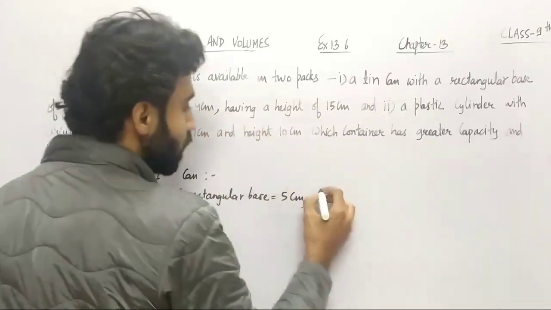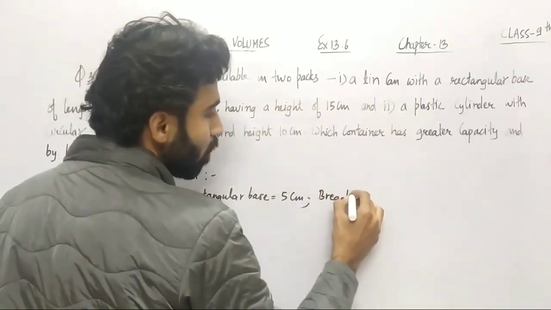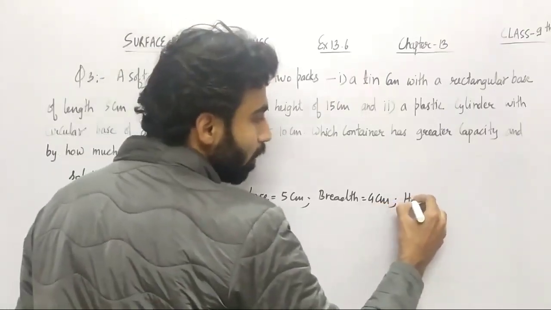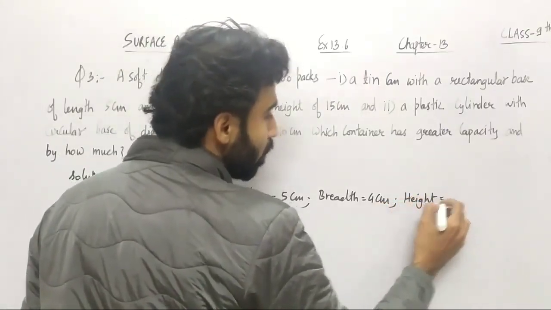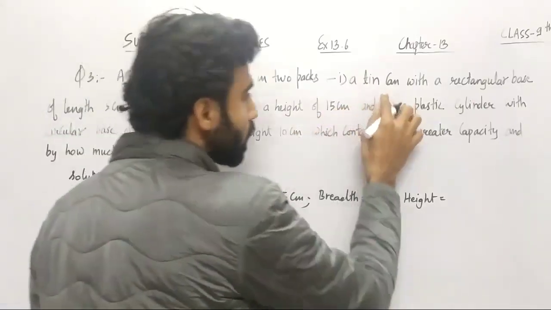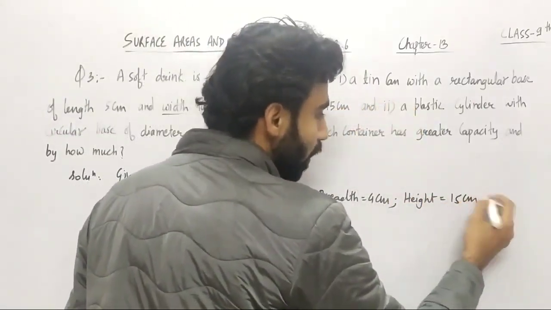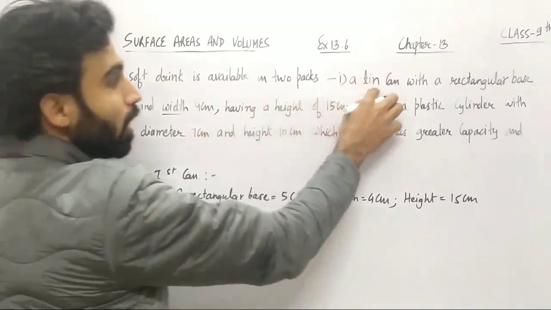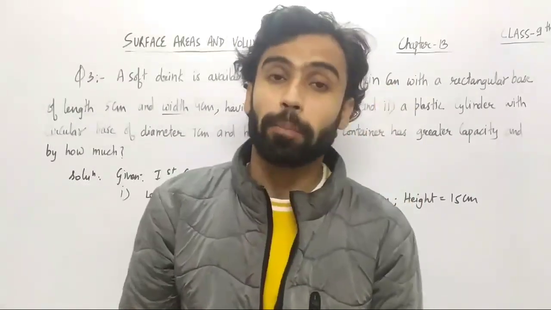Then also you can see the breadth is given to us as 4 centimeter and finally the height of this container, or you can say that can, that is 15 centimeter, right? So I'm starting off this, you can see first part here. So यहाँ पे मैं इस tin can की क्या find out करने वाला हूँ, capacity, right?